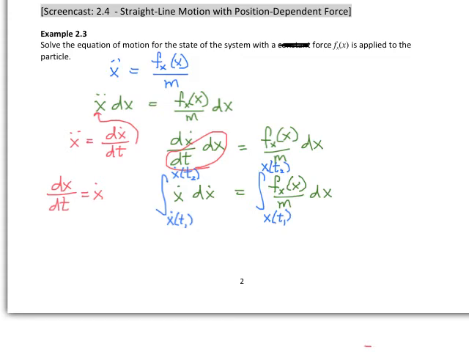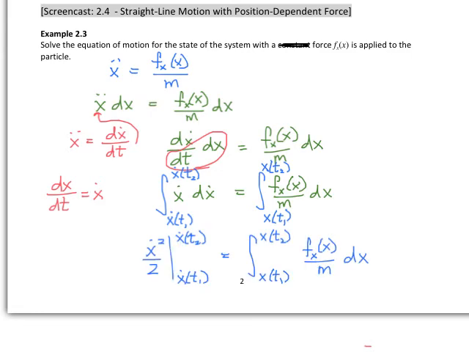We work out the integrals, in which we get the expression x dot squared over 2, and then here are our boundary conditions. On the right hand side, we have to leave this integral the same because this function, for the force as a function of x, isn't explicitly defined. Otherwise we could just calculate that integral and apply those boundary conditions.